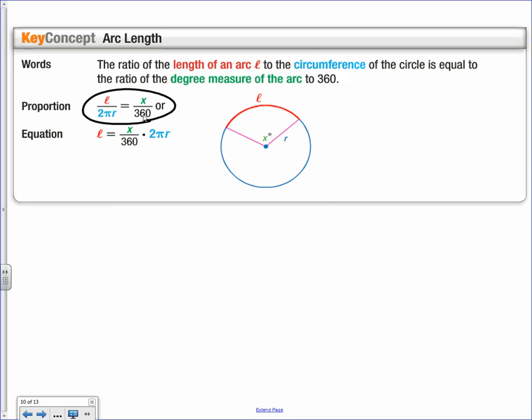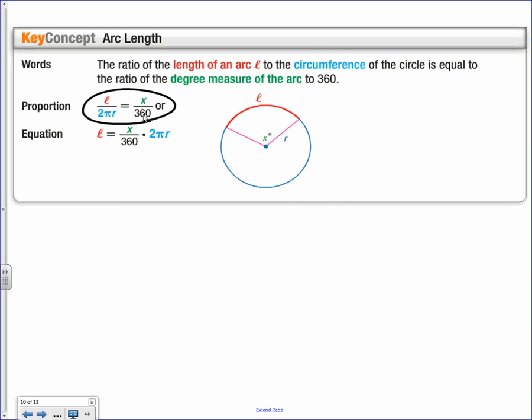So think about what 2 pi r is, and hopefully you can come up with that is the circumference. So we have the length of the arc over the entire circumference, right? We have a length of the part over the length of the whole, or the distance of the part over the distance of the whole, right?